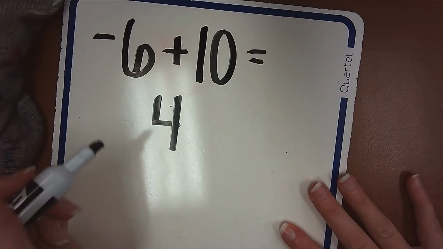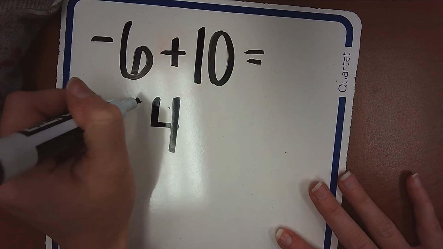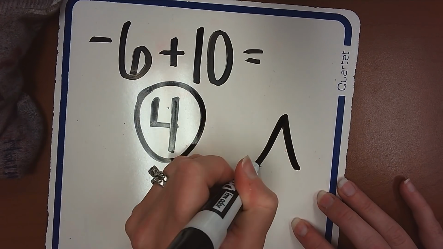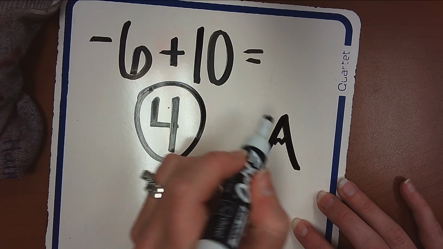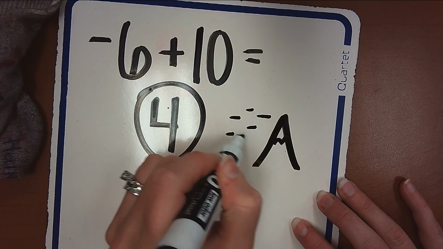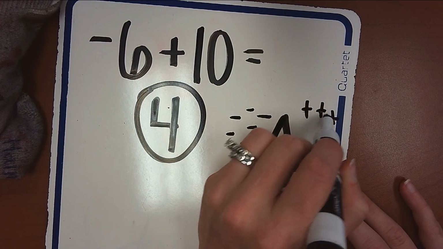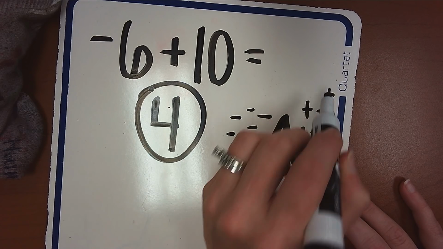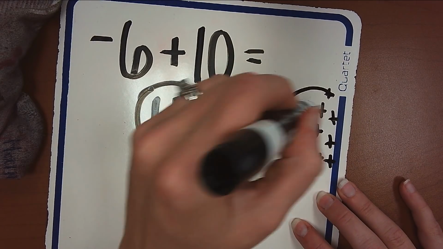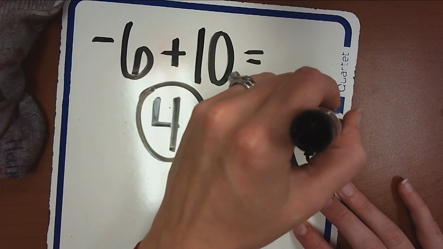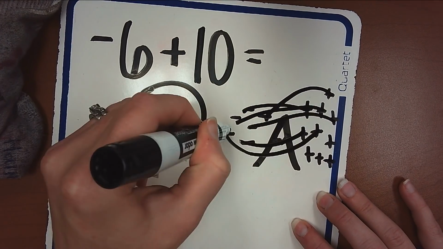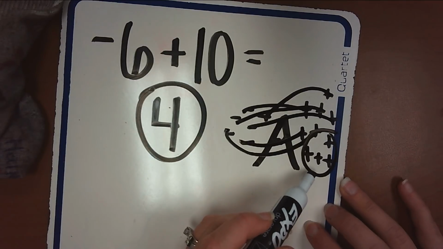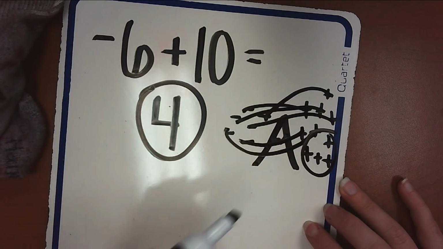In this case, that's positive 10, so my answer is positive 4. And we talked about fight or be friends. These two things are going to fight, so we would have 6 negatives and 10 positives. And so if you can picture it, even if you don't draw it out on your paper every time, you should picture more positives than negatives, and so you'll know that your answer is going to be positive, and you're just going to have whatever's left after you subtract and cancel all of those out.